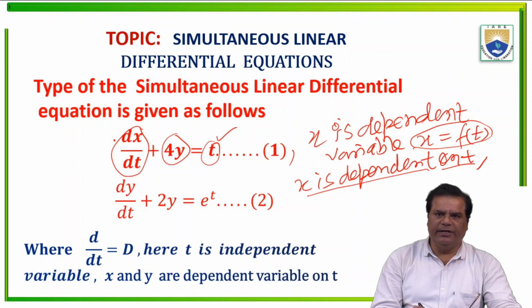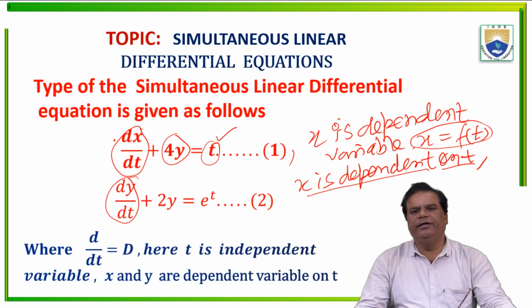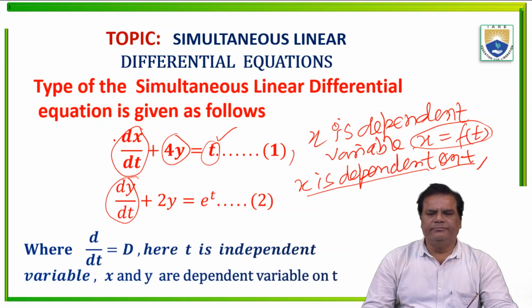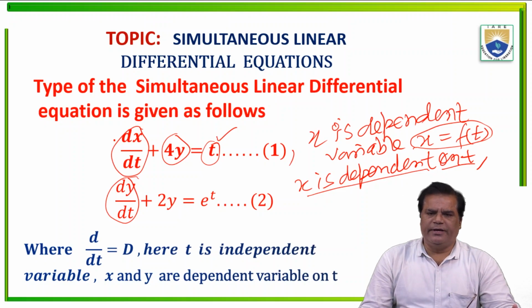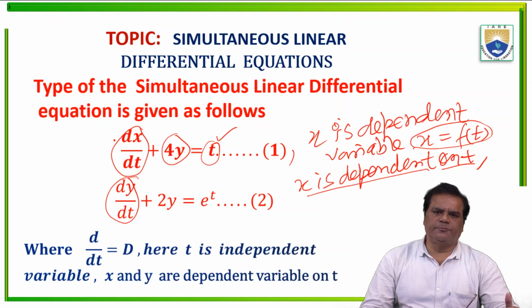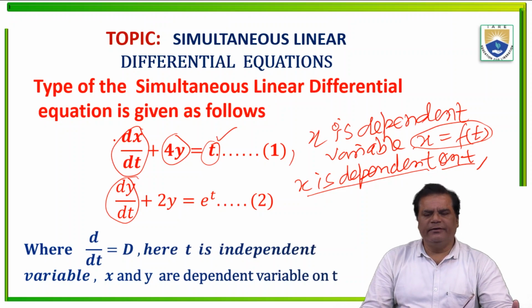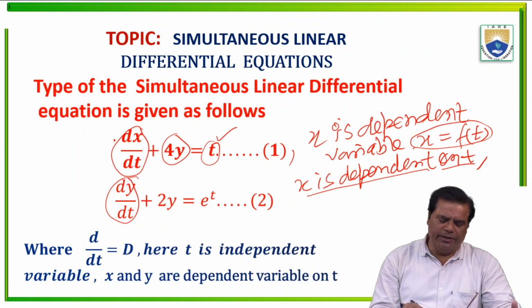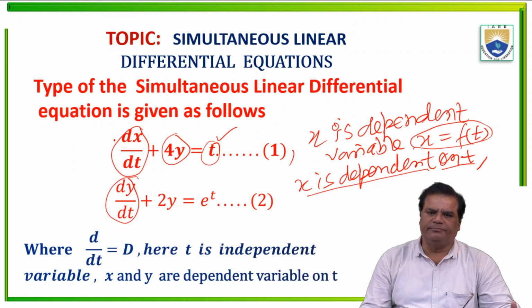Another variable is in the other equation. So in equation second, we see dy over dt. Here y is the dependent variable and t is the independent variable, because here is the differentiation of y with respect to t. So y is dependent on t in the second equation.